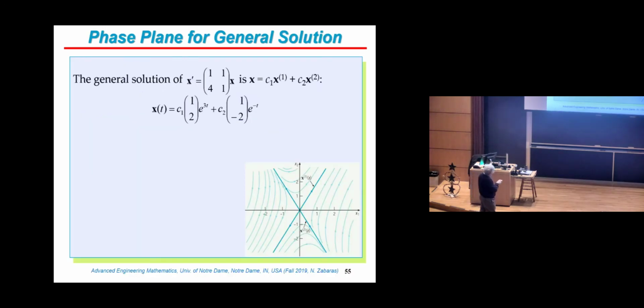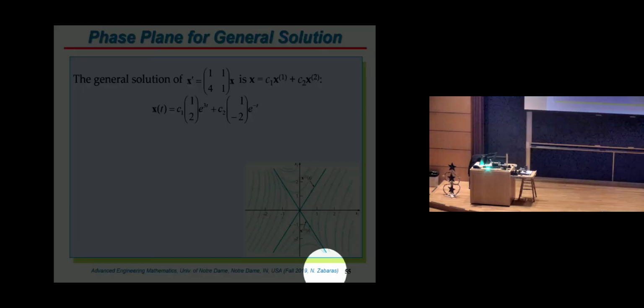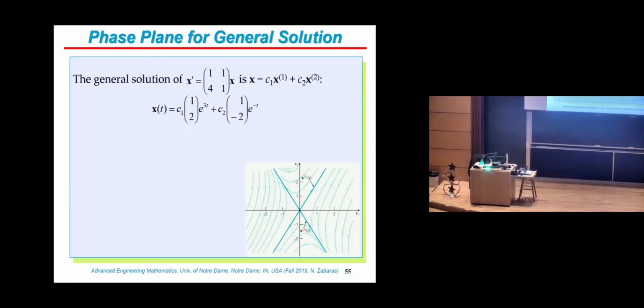So let me plot all of these lines. Here they are. Here's my line x1, and here's my line x2. And what can you see? Can you see now that as t goes to infinity, all the trajectories, regardless of where you start, are going to infinity, but in a direction parallel to what vector?